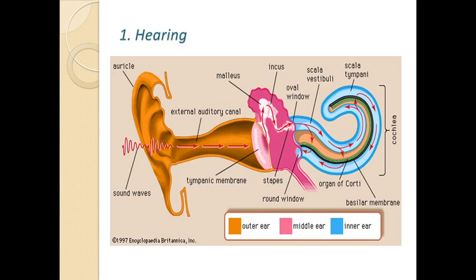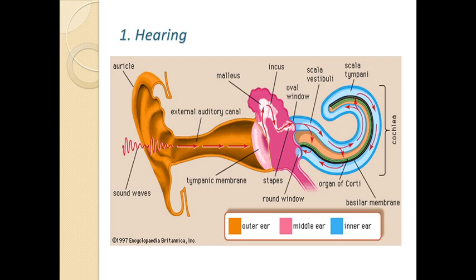Then the ear ossicles transmit the vibrations to the oval window, which is located on the membrane of the cochlear surface. That's common to the inner ear and the middle ear. Then when the stapes vibrates against the oval window, we said that the stapes covers the oval window, pressure waves are created in the perilymph in the cochlea.